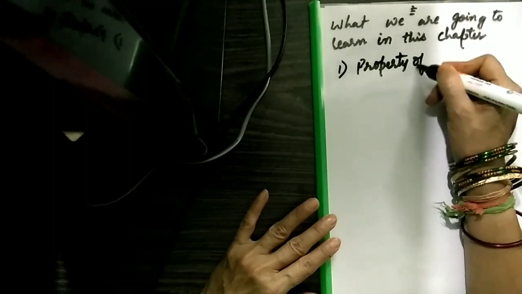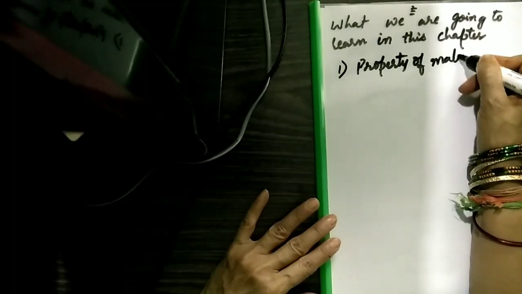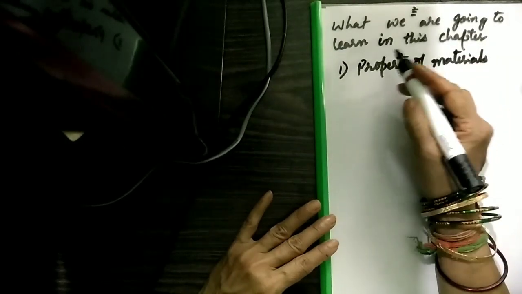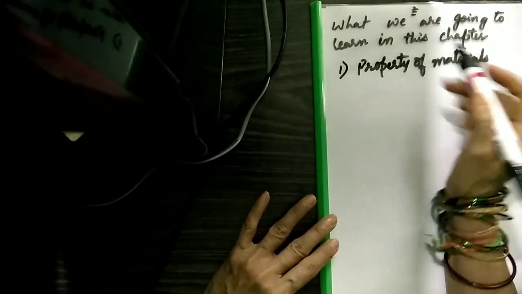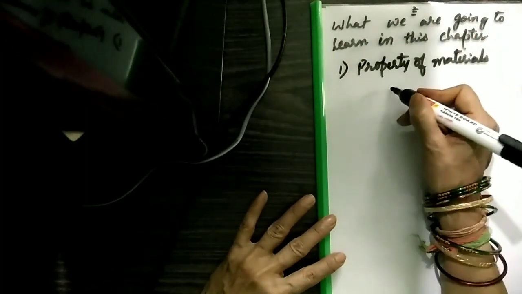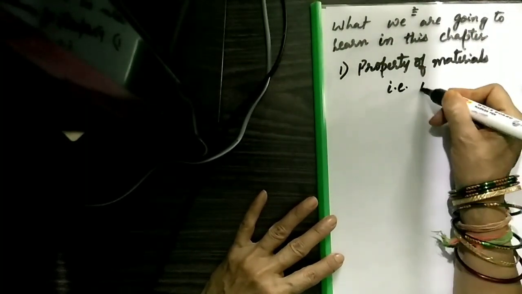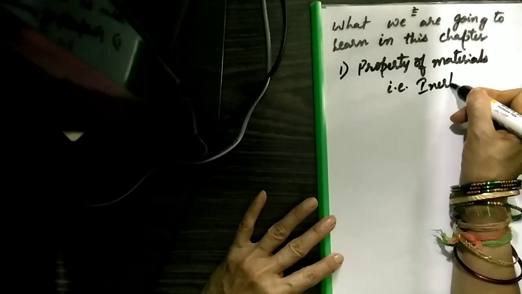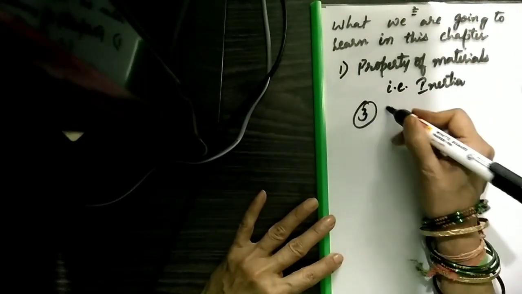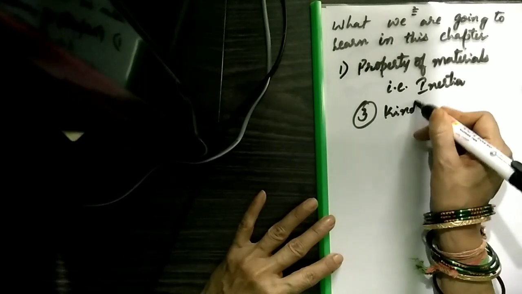Property of materials. What we are going to learn in this chapter is first the property of materials, that is inertia. Three kinds of inertia.